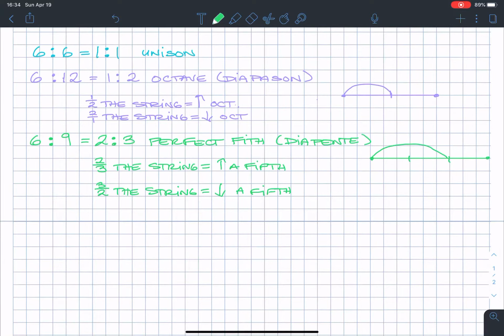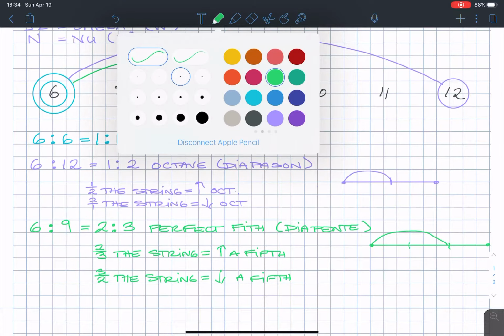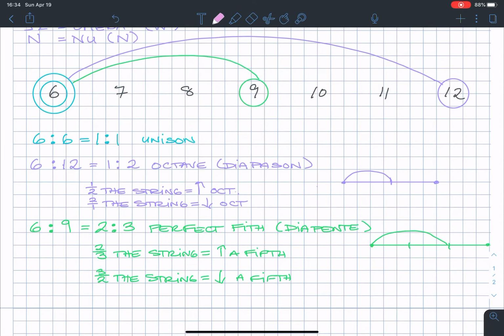We're going to continue on. Let's now do 6 to 8. Okay, 6 to 8, what color should I use? I'll use pink. Shall I use pink? So going 6 to 8, maybe I'll use dark gold. I like that. Okay, so now let's go 6 to 8.